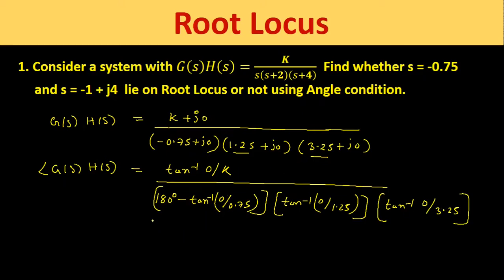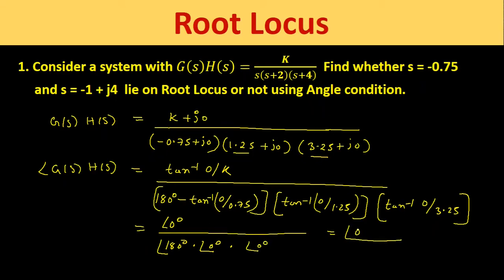So when we find the angle, we get angle 0 degrees divided by 180 minus 0, that means 180 degrees, then again 0 degrees, and this also will be 0 degrees. So from here we will get 0 degrees minus (180 degrees + 0 degrees + 0 degrees), which is equal to -180 degrees.